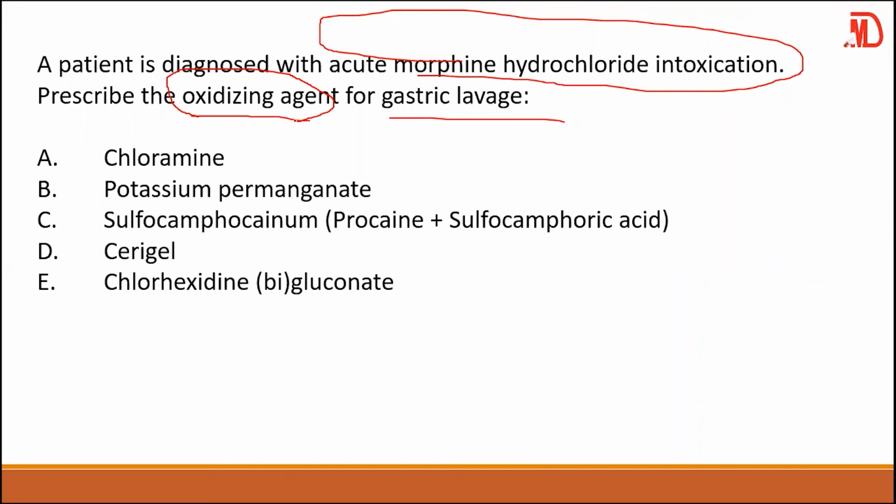But what is the antidote for morphine intoxication? You can tell me. Naloxone. You guys are good. Naloxone, as simple as ABCD. But here they say, what oxidizing agent are you going to prescribe? It's different from what is the antidote for morphine. So always read your question. All right. So answer is B.